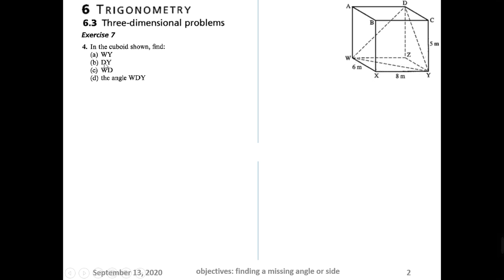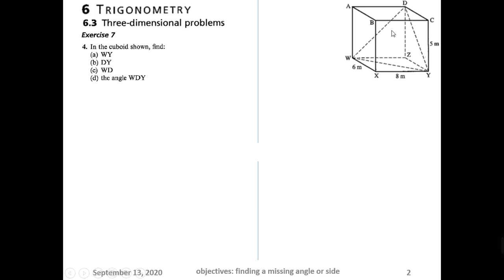And they're asking for DY, the length of side DY. So I must take the right side of this cuboid or the right face of this cuboid to deal with it to find the length of DY.